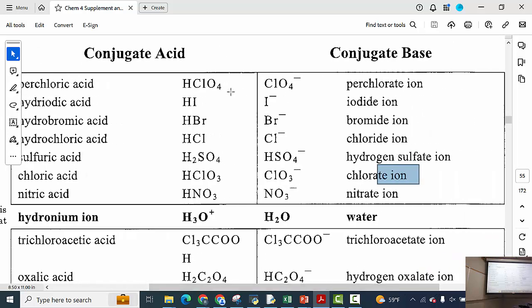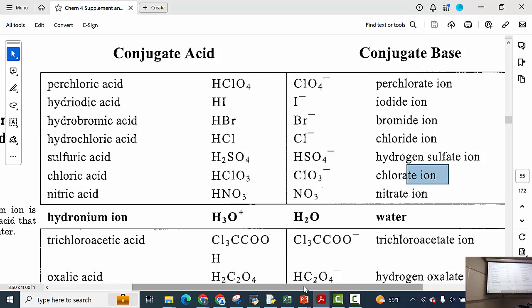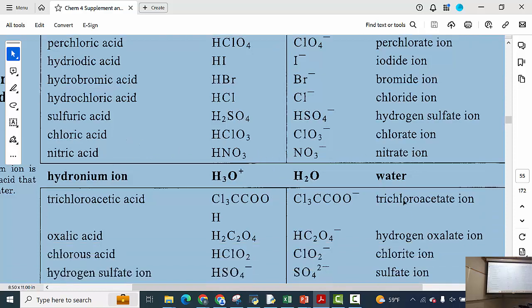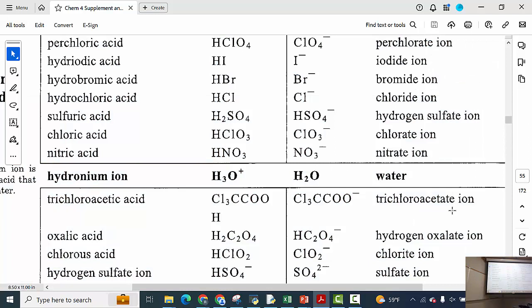So HClO4 is perchlorate, and what do we do with ates? Ic acid. So this would be perchloric acid. Sulfate, sulfuric. Chlorate, chloric. Nitrate, nitric. Trichloroacetate, trichloroacetic acid.